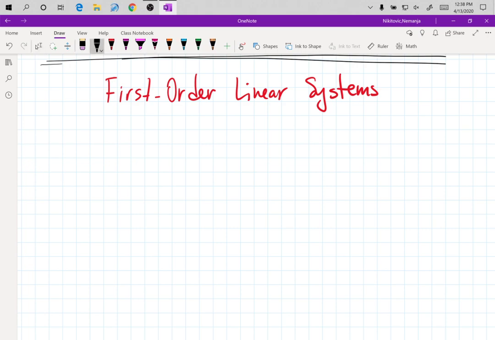So for the first order, I'm going to use the same notation they use in the book.